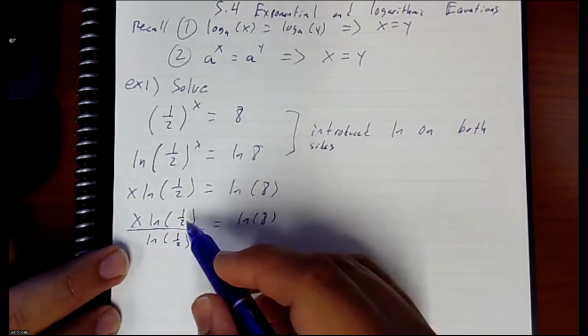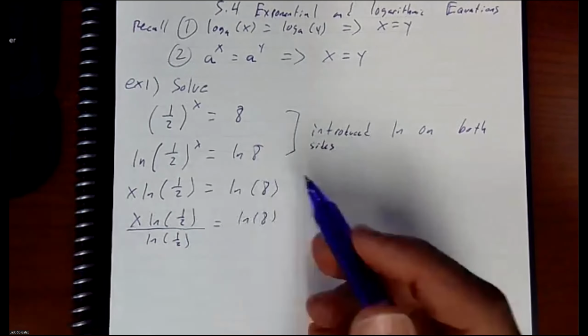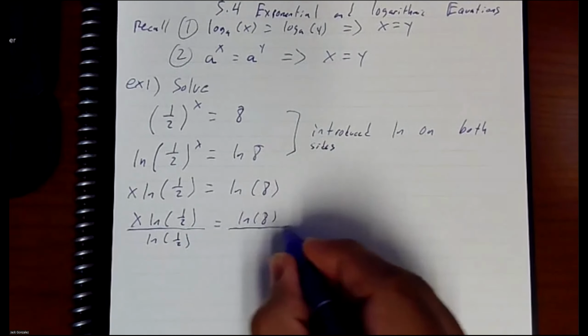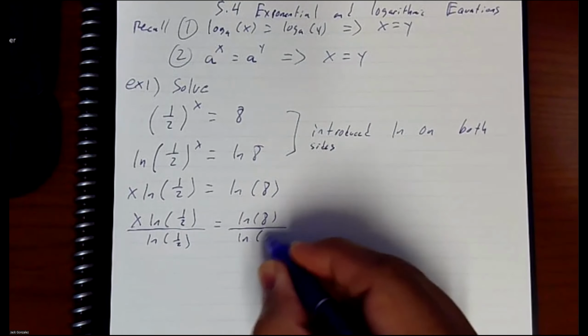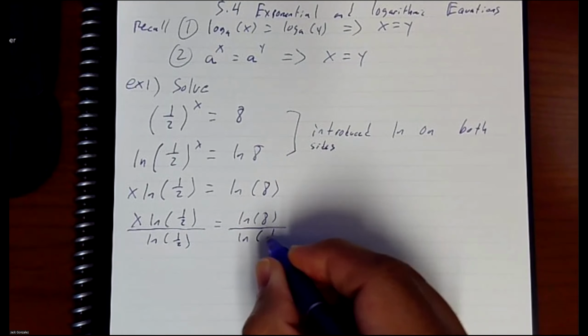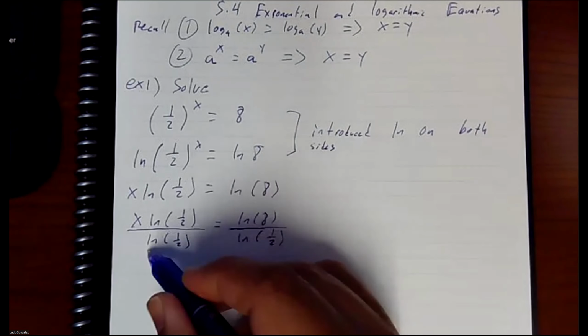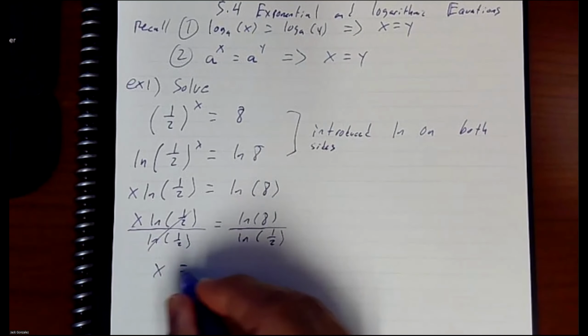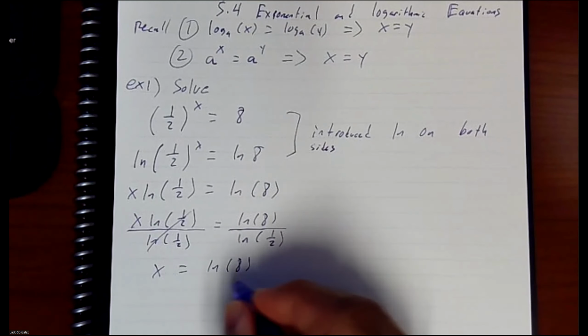This is like a negative decimal. ln 8 is just some other decimal. Nobody cares. So x is equal to this number.